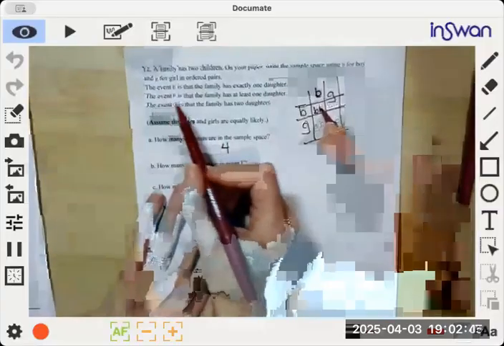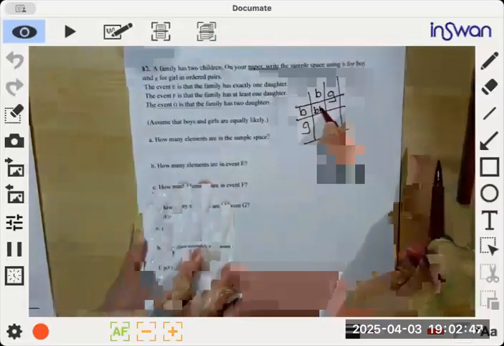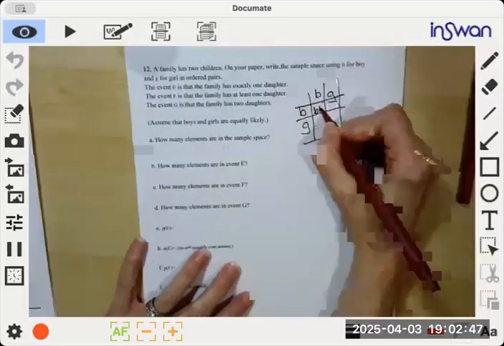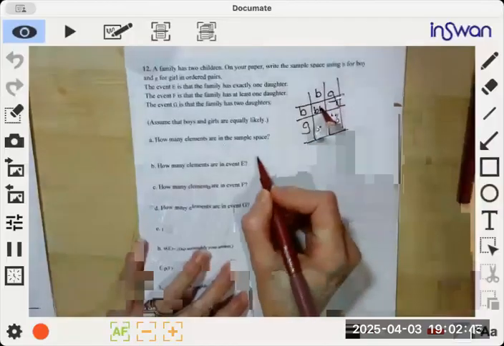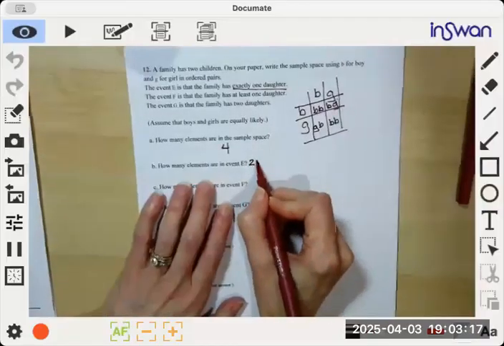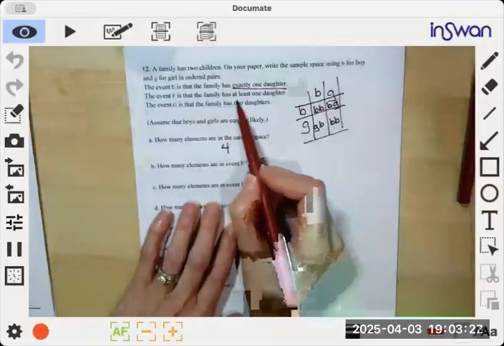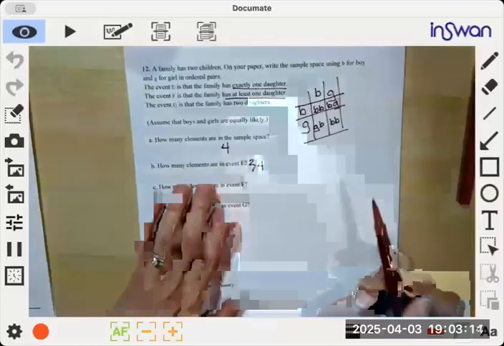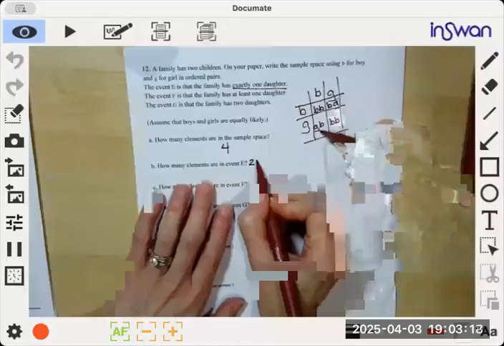How many are in event E? Exactly 1 daughter. So it looks like here and here are exactly 1 daughter. So 2 out of 4. Event F is at least 1 daughter. So at least 1. So we're going to do those 2.